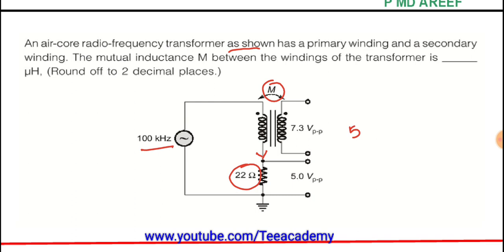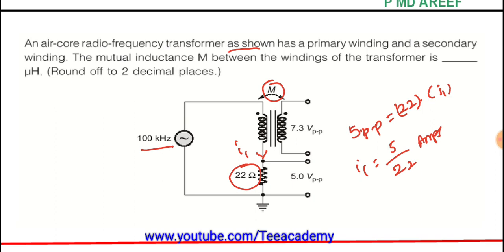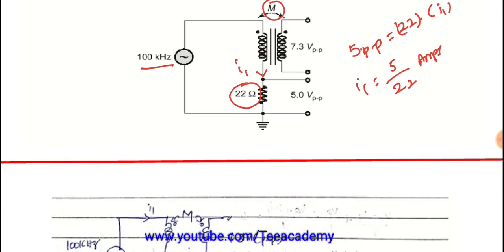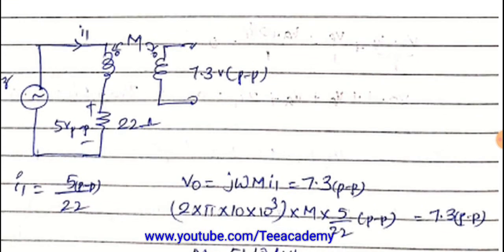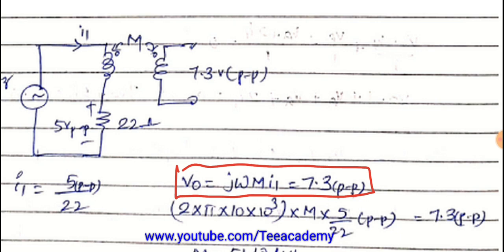The 5 volts peak to peak is equal to 22 ohms into I1, assuming the current flowing here is I1. So I1 is equal to 5 volts peak to peak divided by 22 amps. Now the output voltage is V0, and there is an important formula: V0 is equal to j omega M I1.